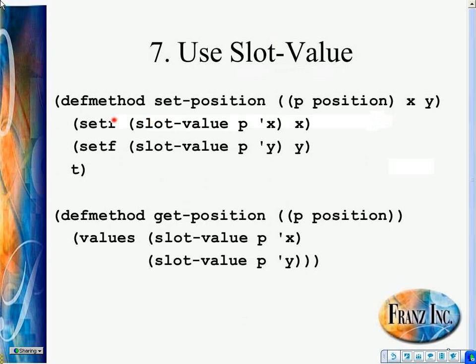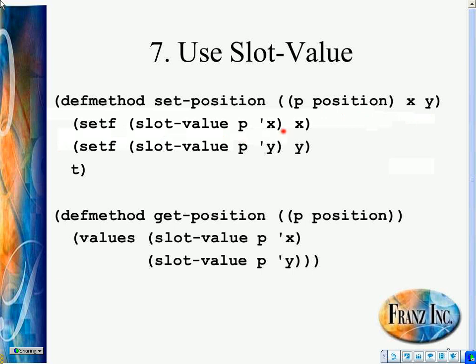Now, here we have set-position as a method. It is defined when the first argument is a position object. Very early in number 1, we define the class position, so there are position objects, and it takes 2 additional arguments, x and y.